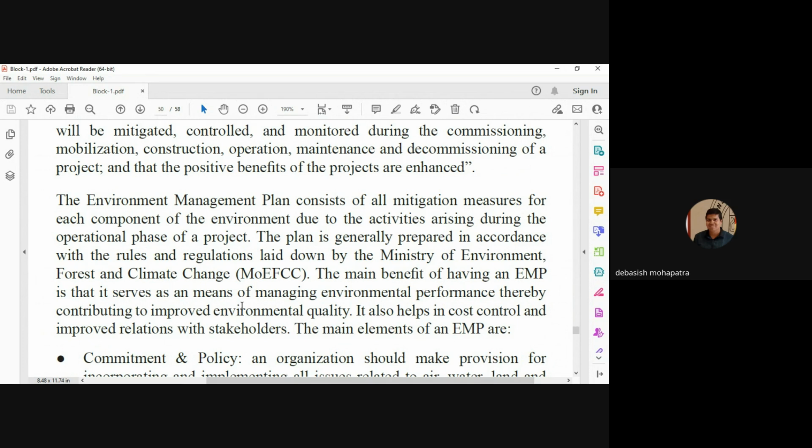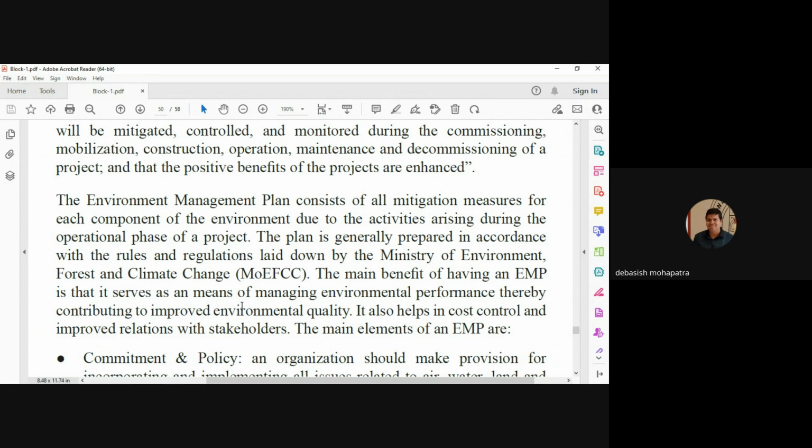The plan is generally provided in accordance with the rules and regulations laid down by the Ministry of Environment, Forest and Climate Change, MoEFCC.